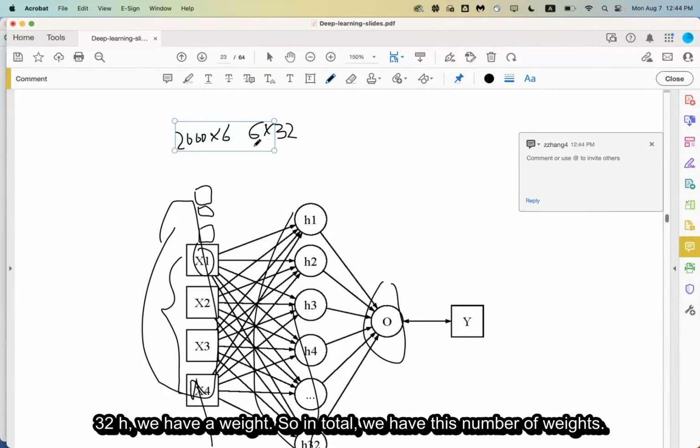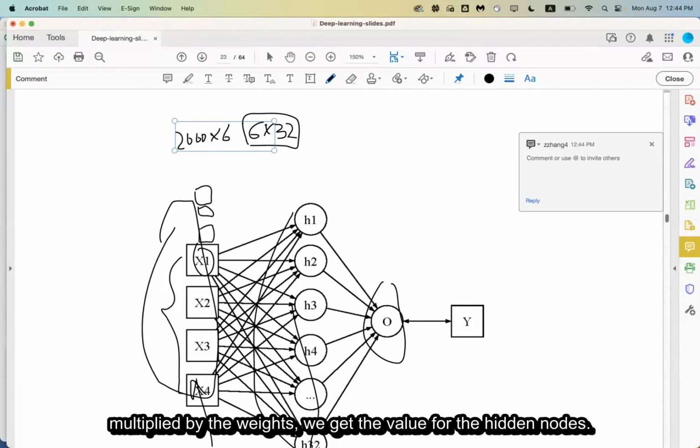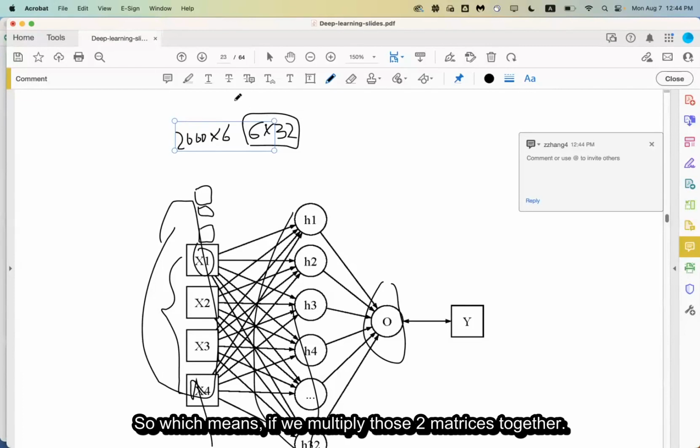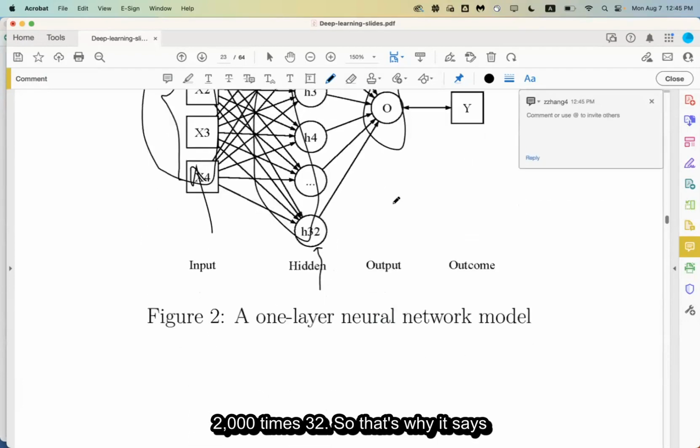So in total, we have this number of widths, which means once we feed the data into this neural network analysis, this is input, multiply that width, we get the value for the hidden nodes. So if we multiply those two matrices together, we have a matrix with this dimension, 2,000 times 32.